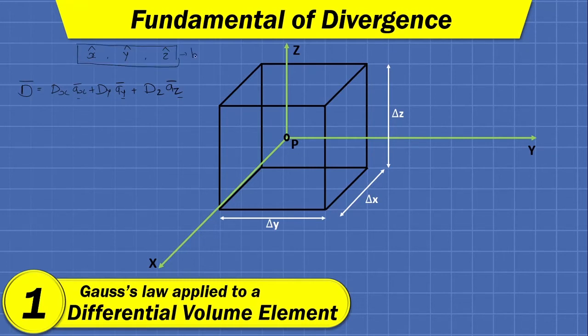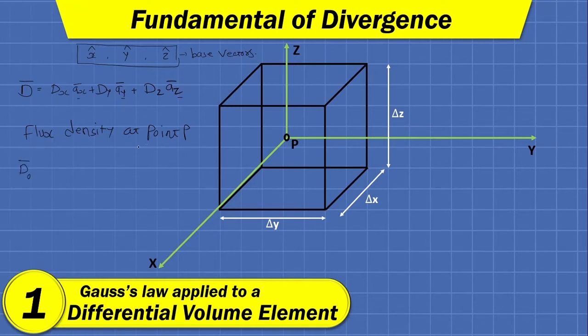So these are base vectors. Now if we want to apply Gauss's law, we will first find the flux density at point P, which is nothing but the origin, so we can say D0 bar.